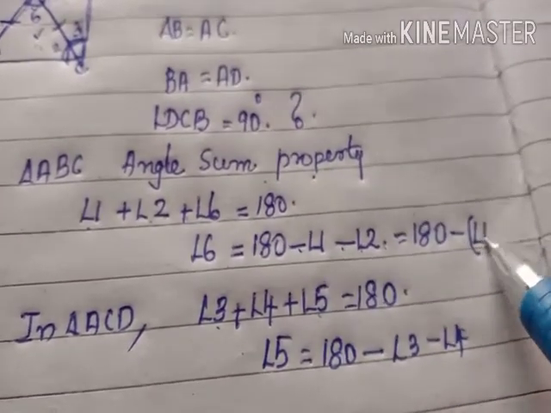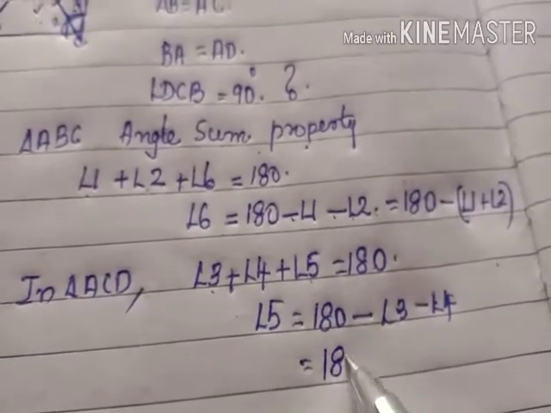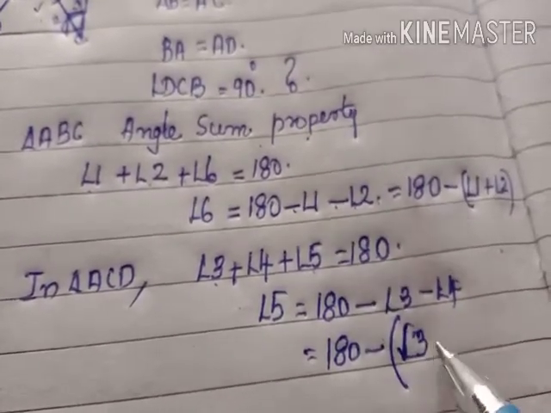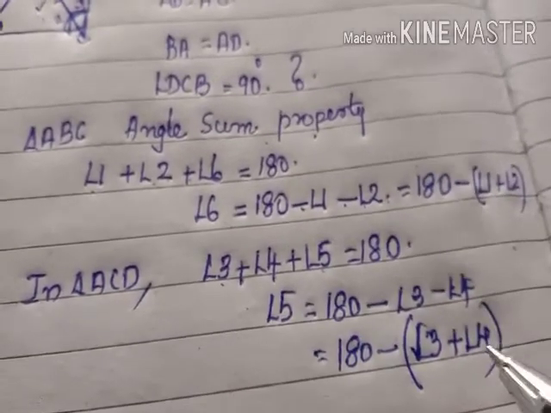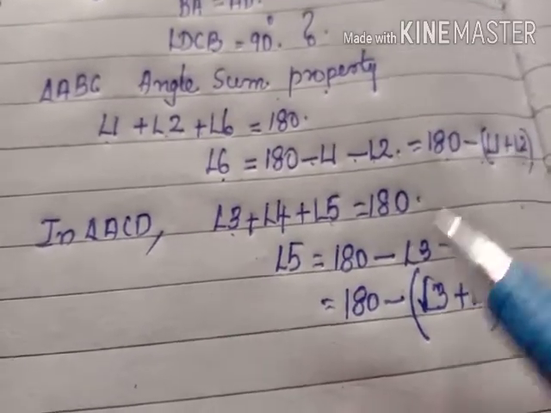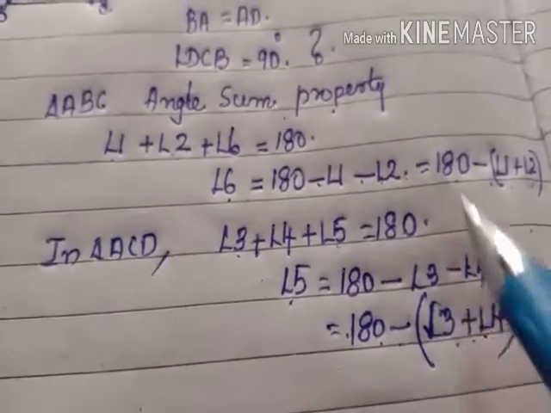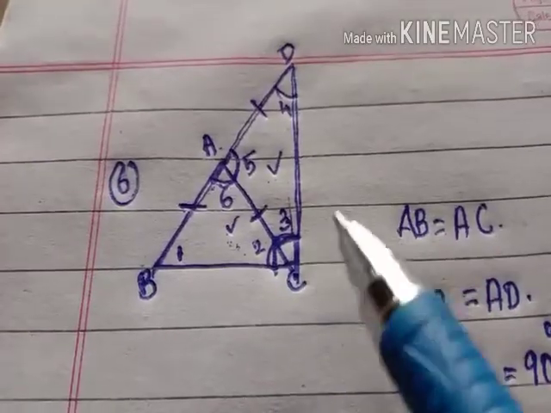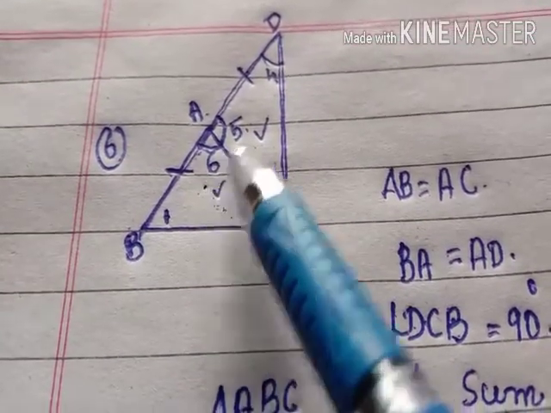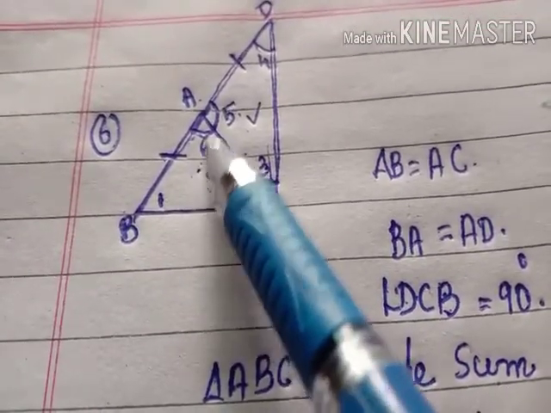Now rewrite, listen. This minus angle 1 and minus angle 2 can be written as minus of angle 1 plus angle 2, taking the negative sign outside. Similarly here, minus of angle 3 plus angle 4. Either you can do this, otherwise leave it. Okay, no problem. So we have angle 5 and angle 6. It's clear? Now see angle 5 and angle 6. These two angles lie on a line, isn't it?